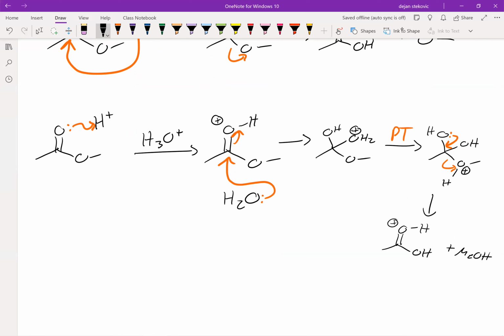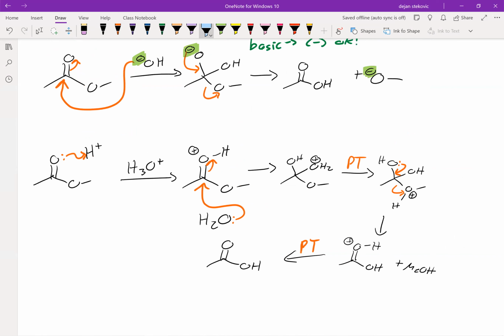In this case, that oxygen is still protonated, so then we just need to do one more proton transfer step to get it to be a neutral carboxylic acid. So notice in the acidic conditions that we mostly have positive charges. We don't see negative charges anywhere.